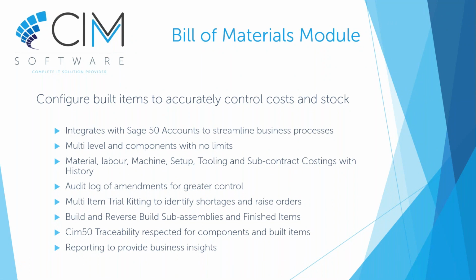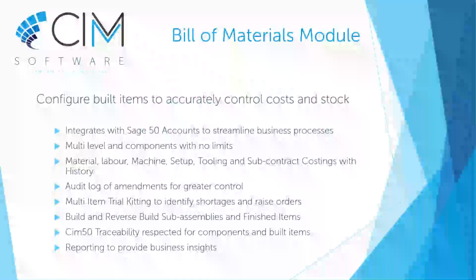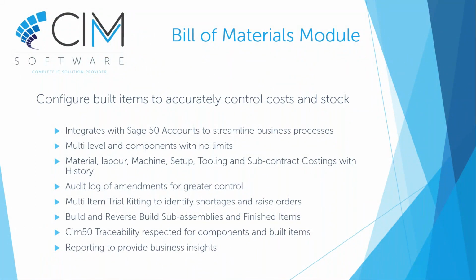You can build and reverse build sub-assemblies and finished items within the Cim50 Bill of Materials module. You can do multiple items within that. You can also disassemble if you need to. So if you get a kit of parts and you want to disassemble it, you can put the components that you've salvaged back into stock. Cim50 Bill of Materials also respects the traceability of components and built items.